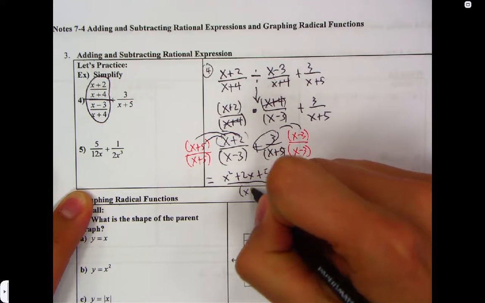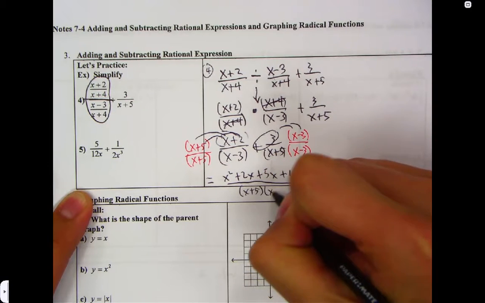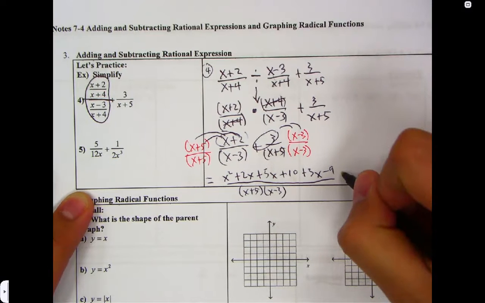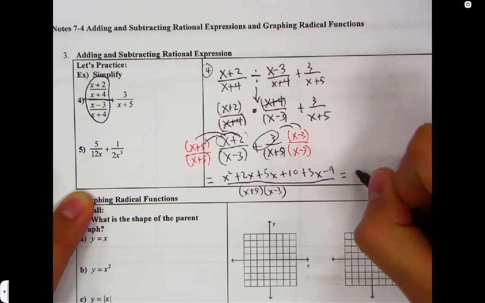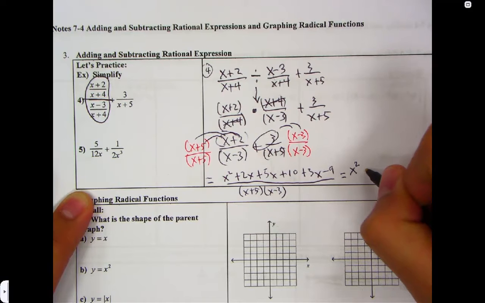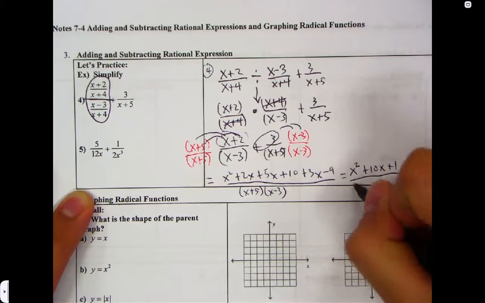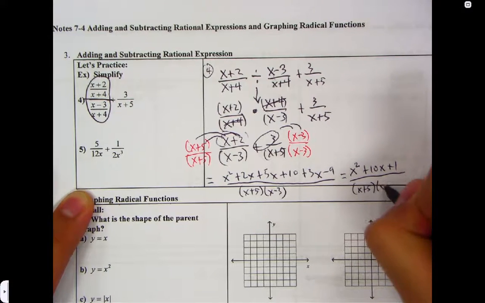So we got x plus 5 and x minus 3. We're going to combine like terms. So we got x squared, 2x, 5x, and 3x is 10x plus 1. We got x plus 5 and x minus 3.